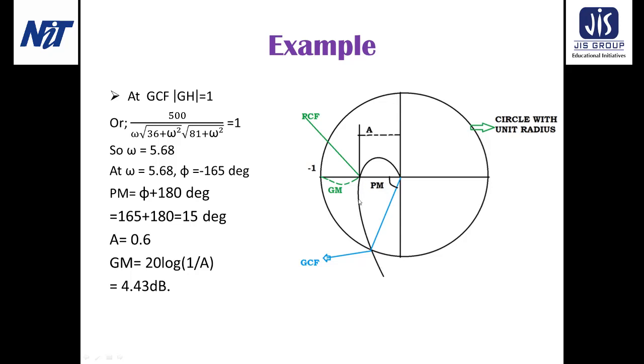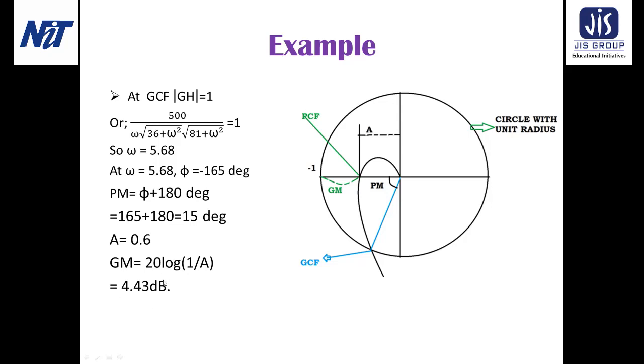When the locus passes the -180 degree line, that is known as the phase crossover frequency, and where the magnitude becomes 1, that is the gain crossover frequency. So from the phase crossover frequency we can find the value of gain margin, that is 20 log 1 by A, converted into dB, so 4.43 dB.